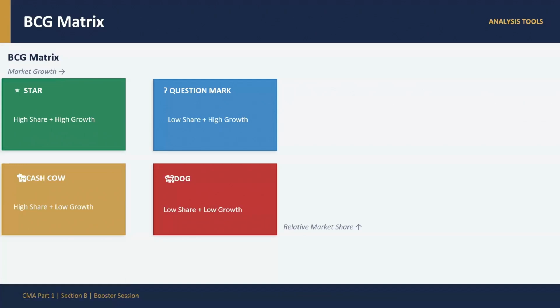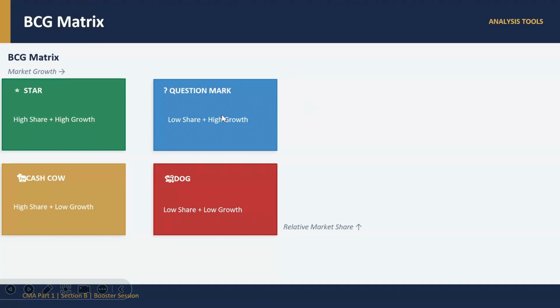Guys, always remember, market share refers to the income you are receiving, the cash generation, what cash you are generating from the market. And growth speaks about what cash you are expending in the market. Spending is with growth. Share speaks about your cash collections from the market. So when you enter as a startup, obviously your cost will be more than whatever you are generating. So you will have higher growth and lower share.